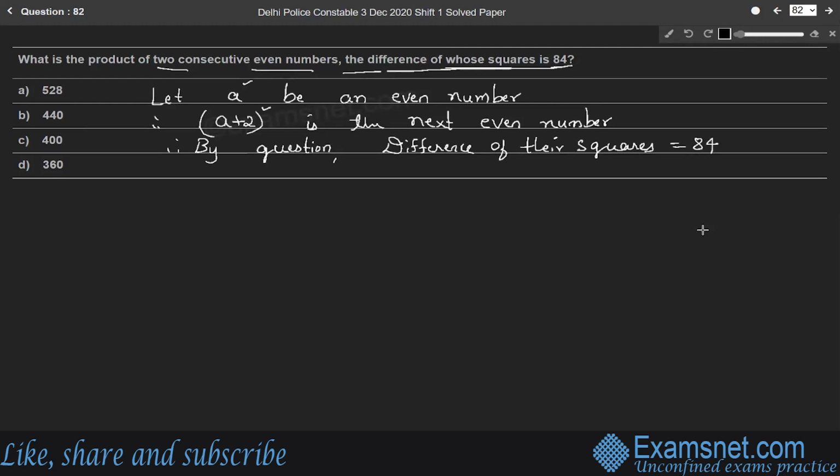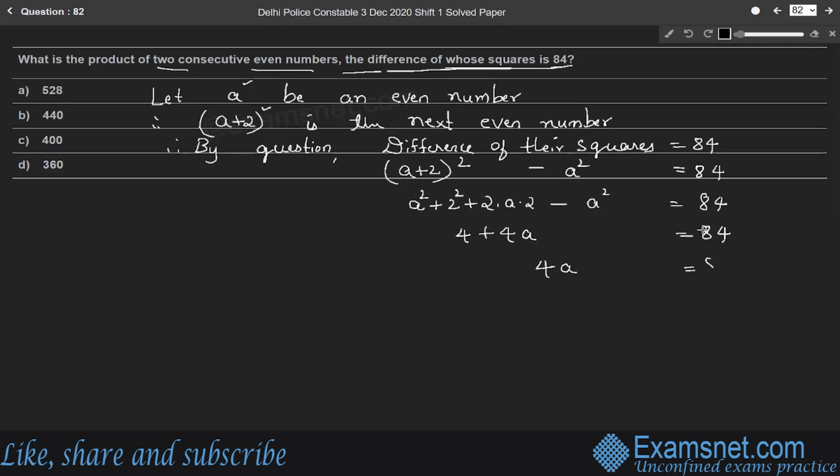So A plus 2 whole squared minus A squared is 84. A plus 2 whole squared is A squared plus 2 squared plus 2 into A into 2, minus A squared is equal to 84. So A squared will get cancelled. 4 plus 4A will be 84. Therefore, 4A becomes 84 minus 4, which is 80. So A is 20.